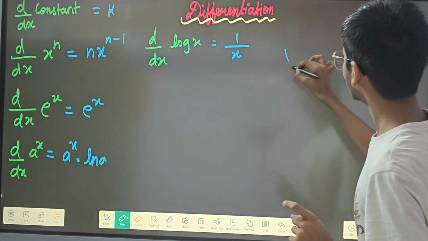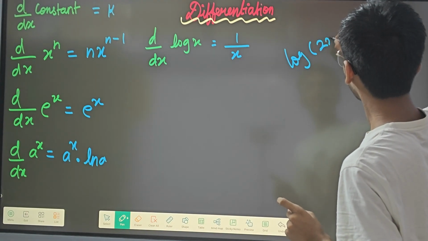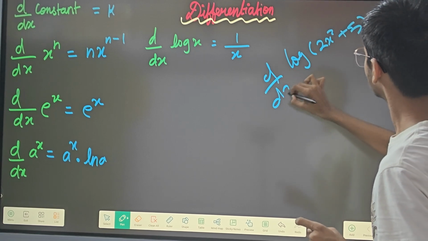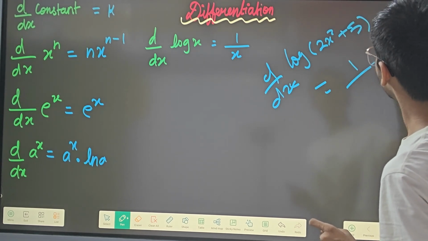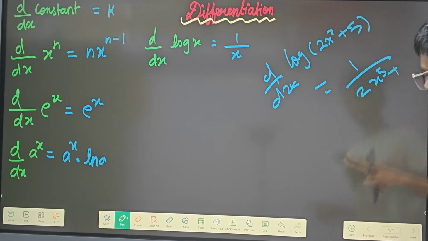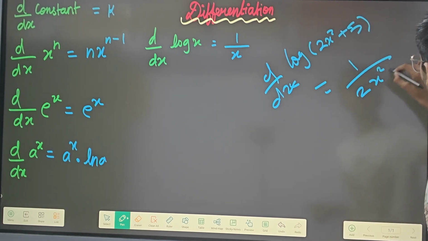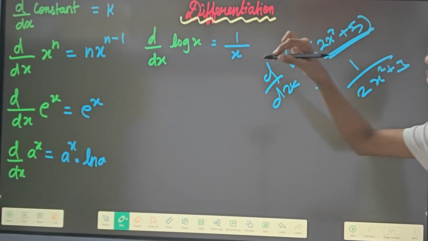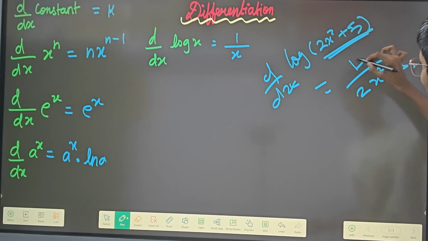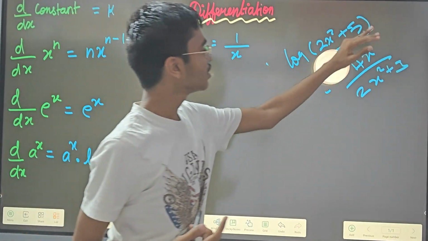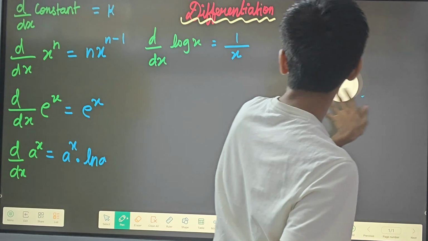For example, if they have given you logarithm of 2x square plus 5, then the differentiation will be 1 by 2x square plus 5, and again you have to differentiate this one, that we will be seeing later on. But if you have to differentiate it now itself, then it will be 4x. In chain rule we will be discussing about this very clearly, don't worry.